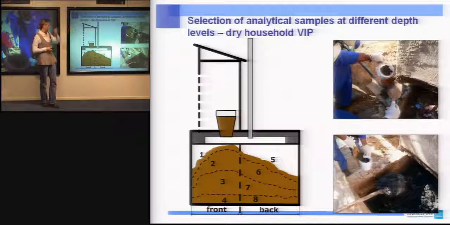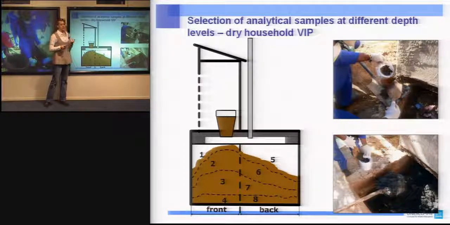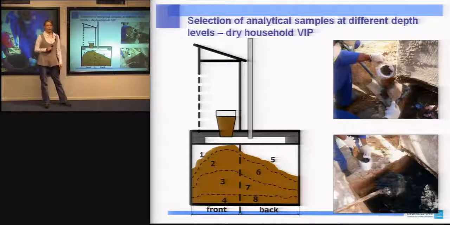So what we did firstly was with the dry household ventilated improved pit latrines, we selected samples from 10 dry and later on 10 wet pit latrines. So what we did was we collected samples from different heights of the sludge which was accumulated in the pit, and actually developed a method which was followed for all the other pits that have been sampled.